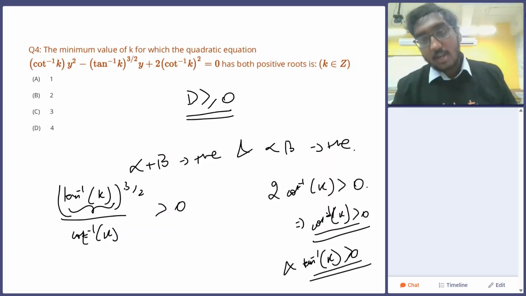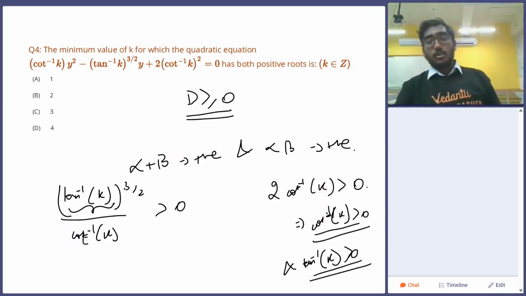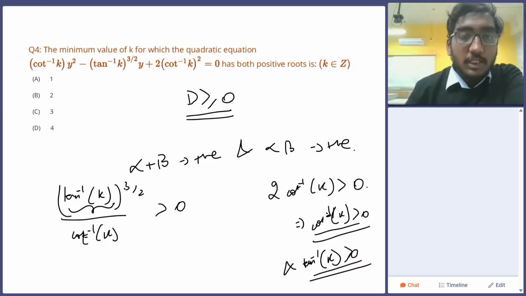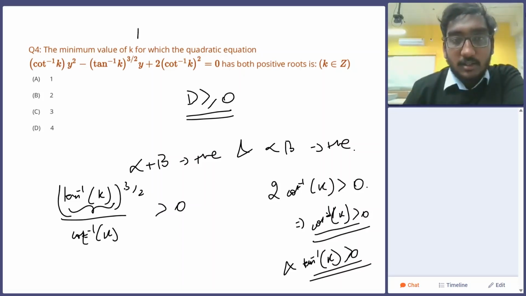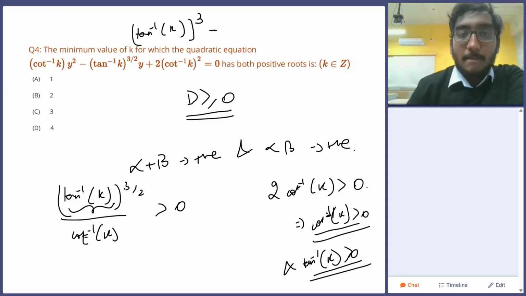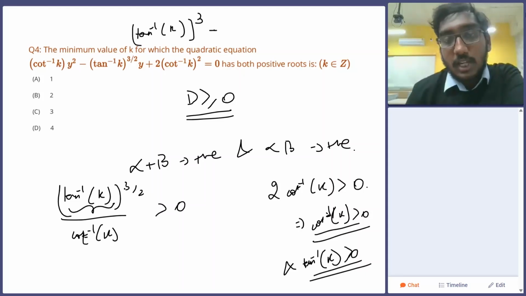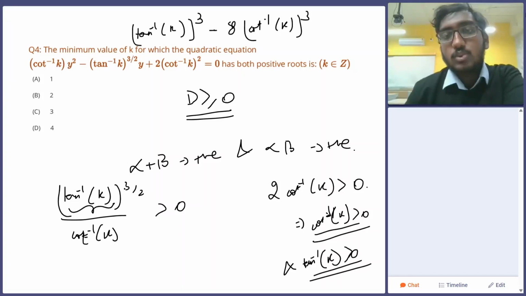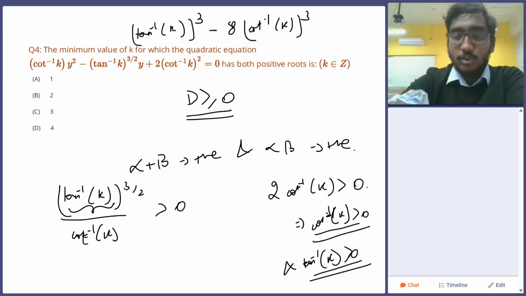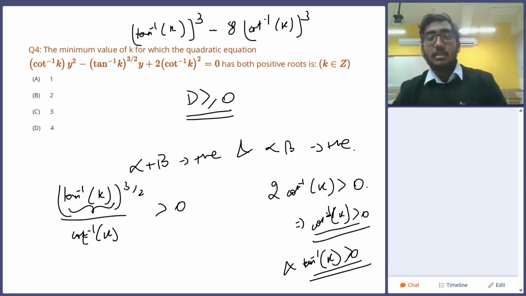And one more thing you have to check is b greater than or equal to 0. So what is the discriminant here? B square minus 4ac will be (tan inverse k) whole cubed, because 3 by 2 when squared becomes 3, minus 4ac, which is 4 times cot inverse k times 2 (cot inverse k) whole square. That will be 8 (cot inverse k) whole cube, which is the same as (2 cot inverse k) whole cube.